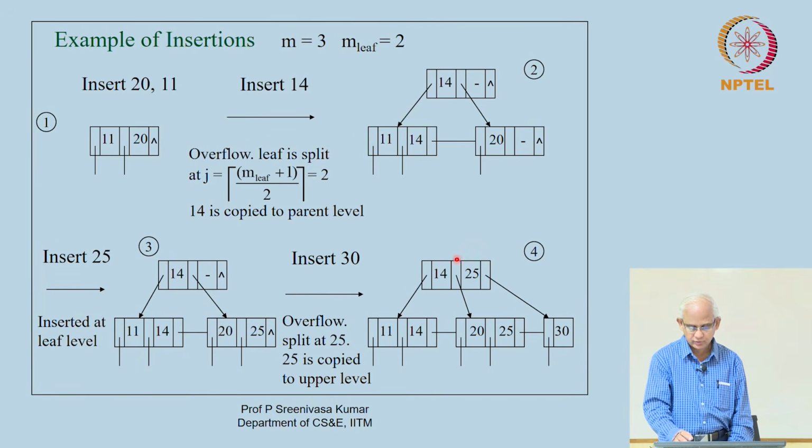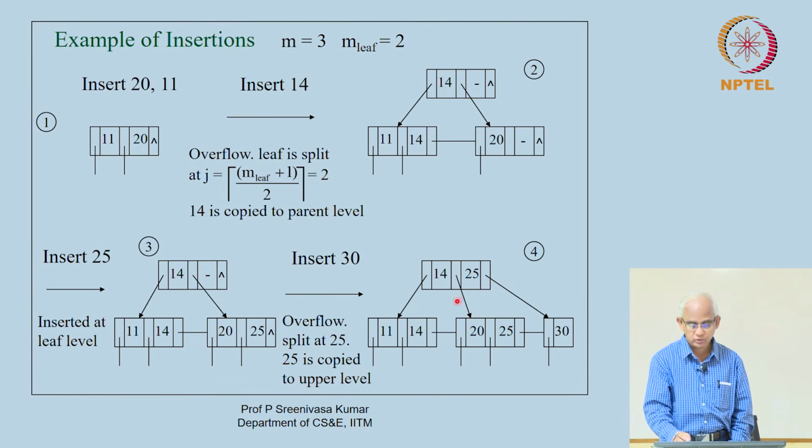So 12, if you try to insert 12, it is less than 14. So it should come here. So this should come as 11, 12, 14, right, and so this cannot accommodate 3. So it has to be split, and if you split, then there will be 1, 2, 3, 4 leaves, and any internal node cannot handle 4 leaves, it can maximum handle 3 children.